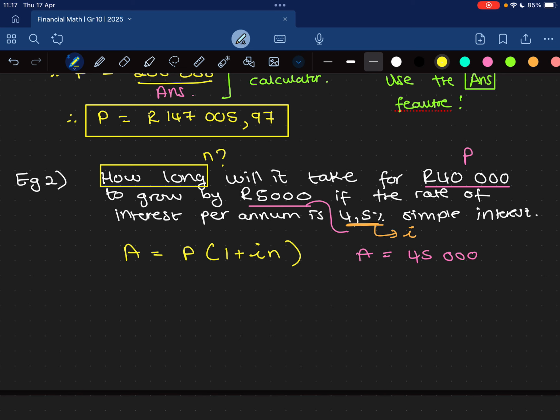Okay, so let's substitute. We have 45,000 for the A value, 40,000 for the P value, 1 plus the interest, which is 4.5%, times the N value.